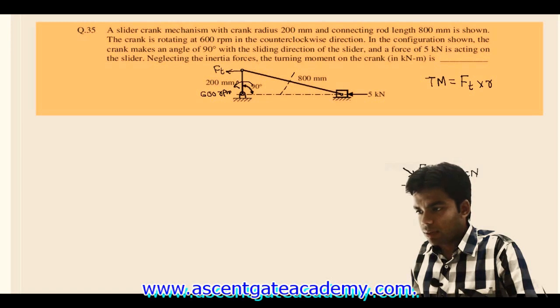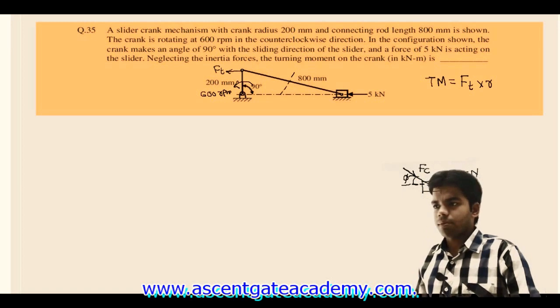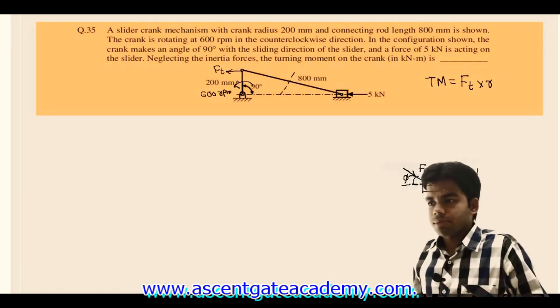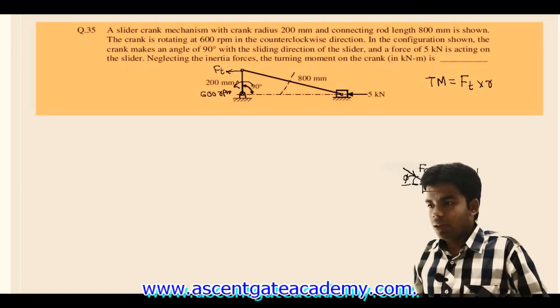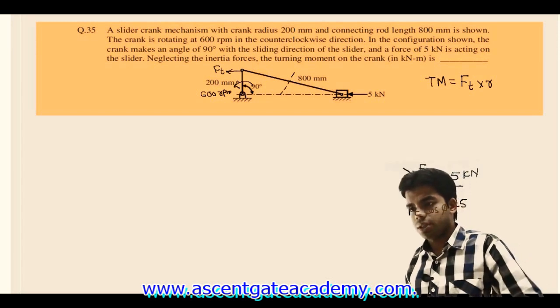Okay, the angle is given, suppose phi. Getting this or not? Now, from the equilibrium, this Fc cos of phi will be equal to 5 kN. First thing.